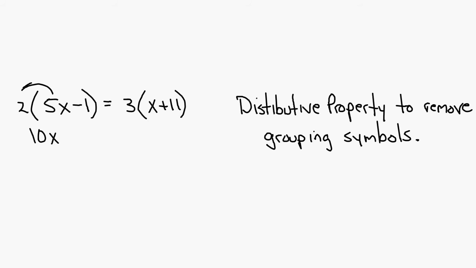And then take the 2 and multiply it by negative 1, and that's equal to negative 2. Drop your equal sign down and multiply 3 times x, which is 3x. And then multiply 3 times 11, which would be positive 33.